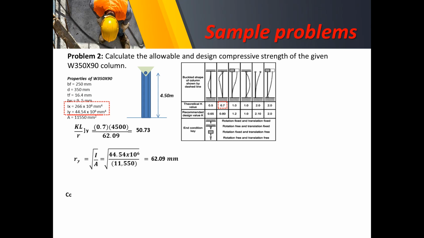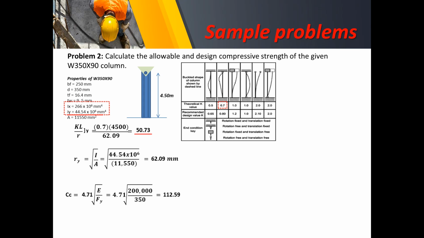Now, we compare the KL over r with the critical slenderness ratio, Cc, 4.71 square root of E over Fy. So we just multiply 4.71 by the square root of 200,000 over Fy of 350. So this is equal to 112.59.